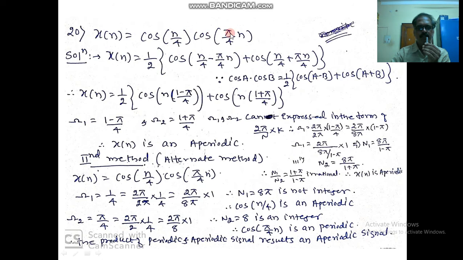The given signal is not a linear combination. It is a product of two signals. Whenever the given signal is a product of two signals, I will explain using two methods.